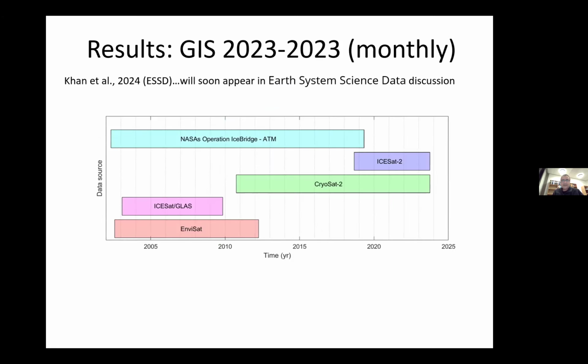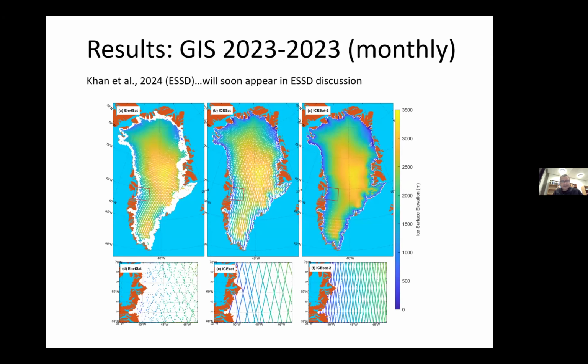Now next, I will talk about monthly estimates. So this is a more recent paper that we have submitted, and it will appear soon in Earth System Science Data. And in this paper, we use data from ATM, ICESat, and Envisat. Envisat is a radar mission, so it's very difficult to get measurements very close to the ice margin.